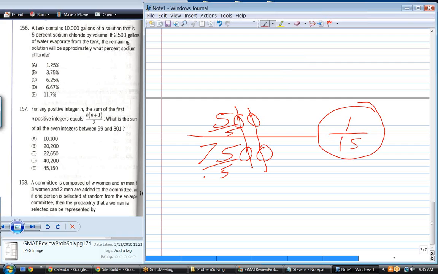So that's the percent that's in. That's the fraction of the final solution that is sodium chloride, 1/15th of it. So what percent is 1/15th equal to?